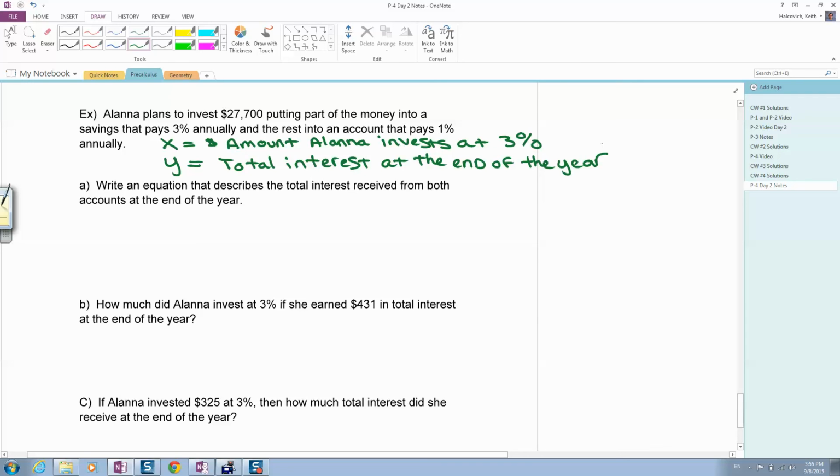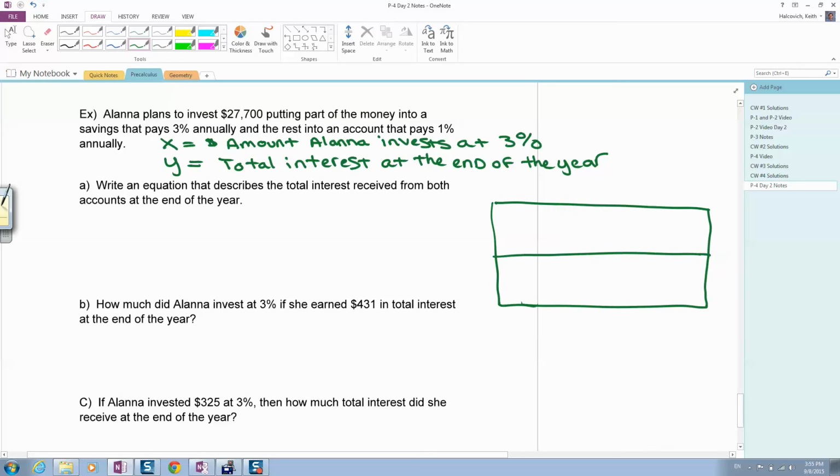So remember from Algebra 2, when we do these types of problems, we make a little chart. So we have the 3% account, we have the 1% account, we have the amount invested, we have the rate, and we have the interest.